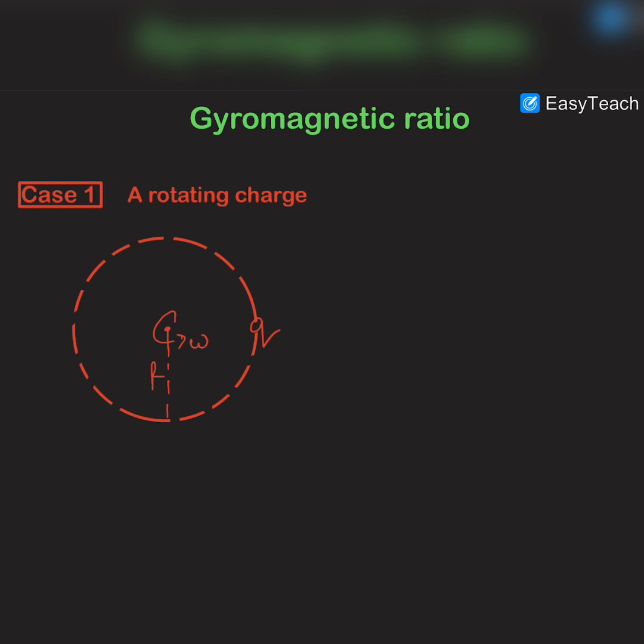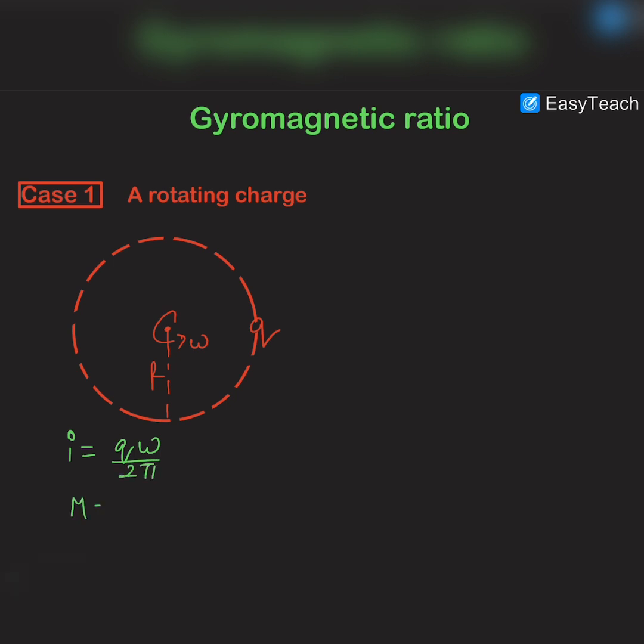Now first of all, let us see that there is a charge which is rotating about this point in a circle of radius r with angular velocity omega. And if we consider this charge as a current carrying loop, and find out that current, then that current would be q omega by 2 pi.